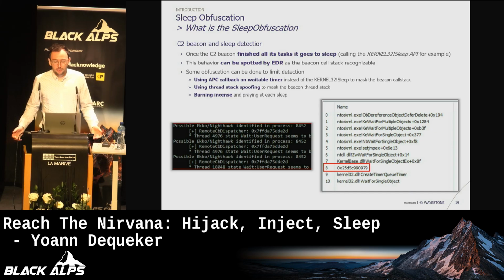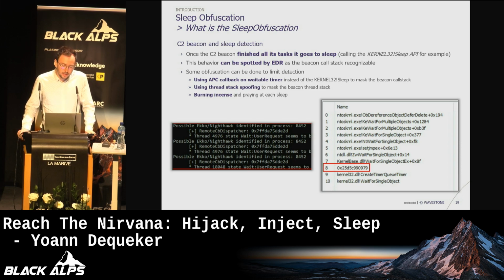If you are using, for example, only the sleep function, because on your beacon you can just call sleep 60 seconds and wait for the beacon to awake, you will see on your stack that your beacon is using the sleep function, and a lot of EDR solutions will also detect this kind of thread stack pattern.